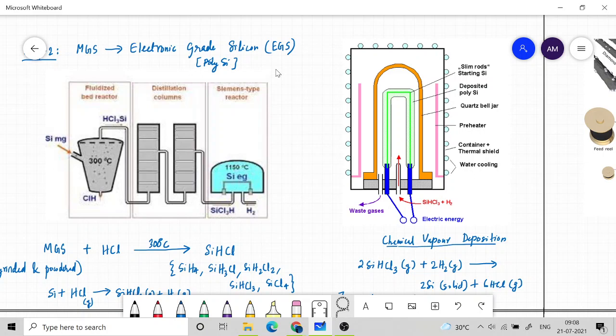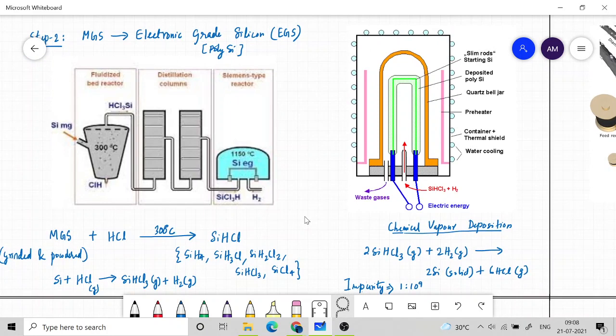So how do we achieve that? There are two steps to this. First step is basically the metallurgical silicon is ground and powdered, made into very, very fine particles, and then made to react with HCl, HCl in gaseous form.